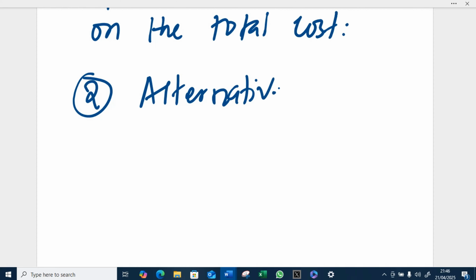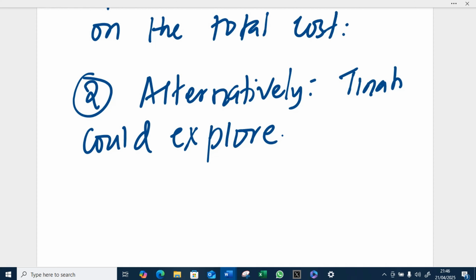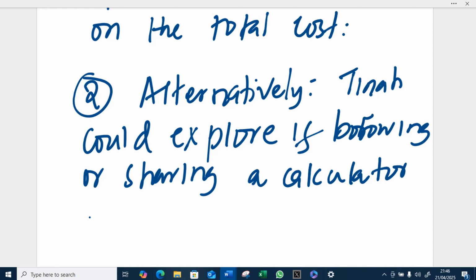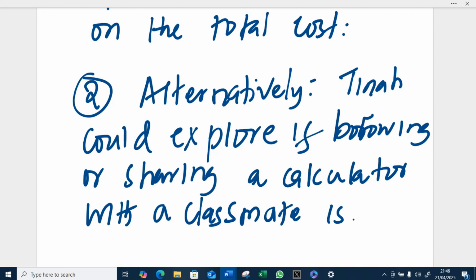Number 2, alternatively, that is another option she can take. Tina could explore if borrowing or sharing of a calculator with a classmate is feasible.